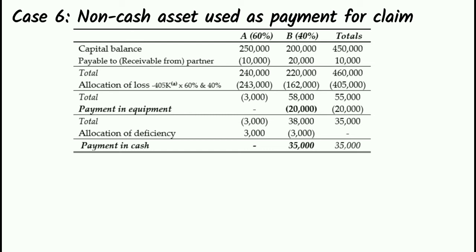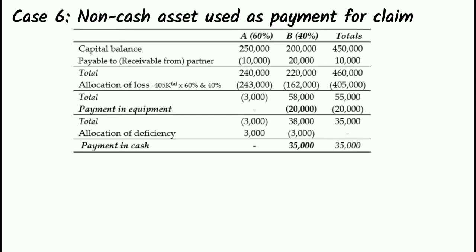Yung receivable from A na 10,000 pesos, that is deducted from the capital of A. And yung payable to B na 20,000 pesos, that is added to the capital of B. 20,000 pesos minus 10,000 pesos, that is equal to 10,000 pesos. 250,000 pesos minus 10,000 pesos, that is equal to 240,000 pesos. 200,000 pesos plus 20,000 pesos, that is equal to 220,000 pesos, for a total of 460,000 pesos.